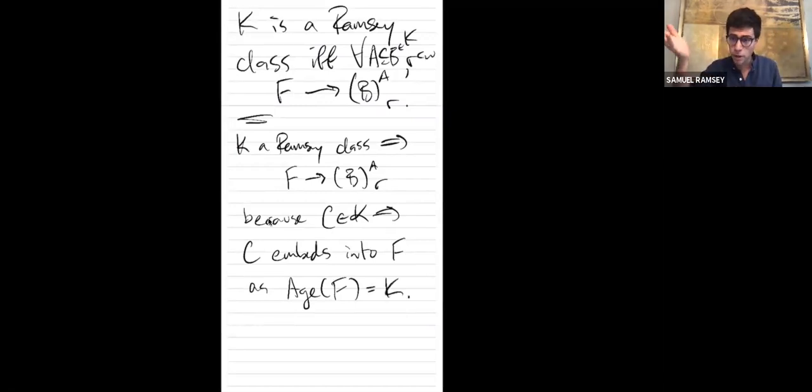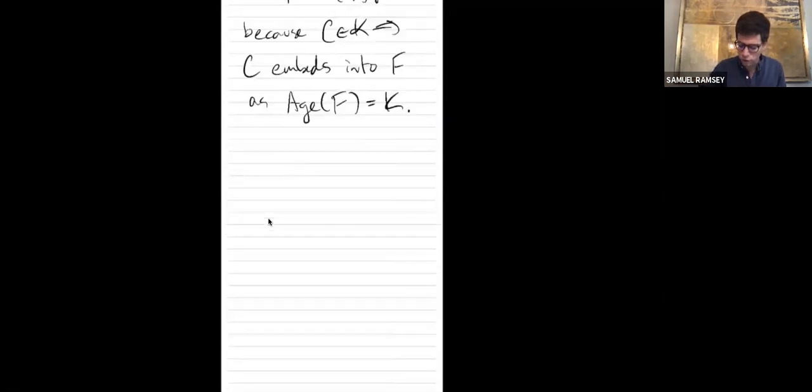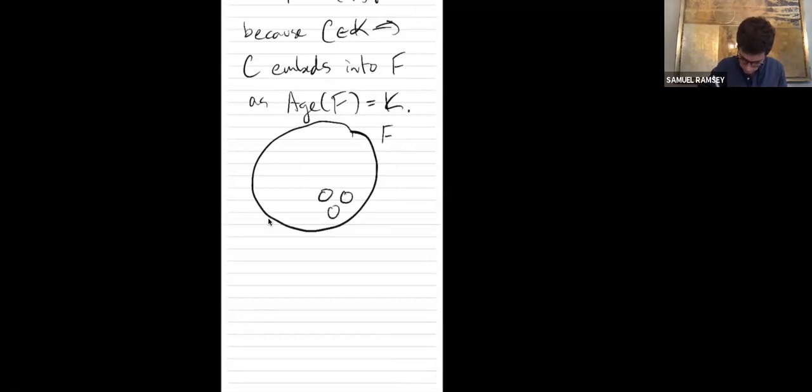Well, suppose you have some coloring of all of the copies of A living inside of F. I'm just going to do this proof by picture because I think it's otherwise clear. So here I've got my very big structure, F, and I've colored all of its copies of A sitting inside.